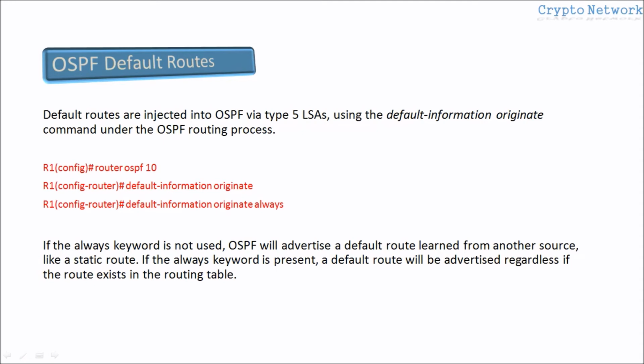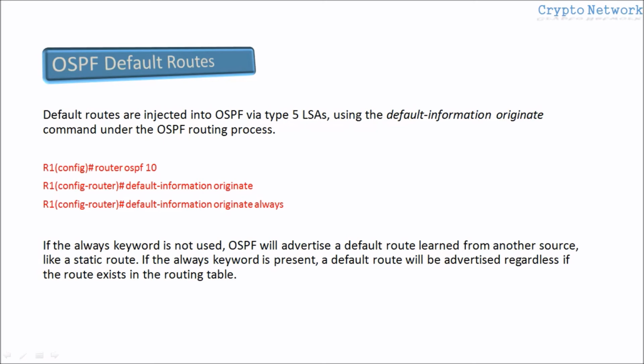OSPF won't advertise a default route if you don't already have it in your routing table. If you add the always keyword, default-information originate always, it will advertise the default route even if you don't have it in the routing table.